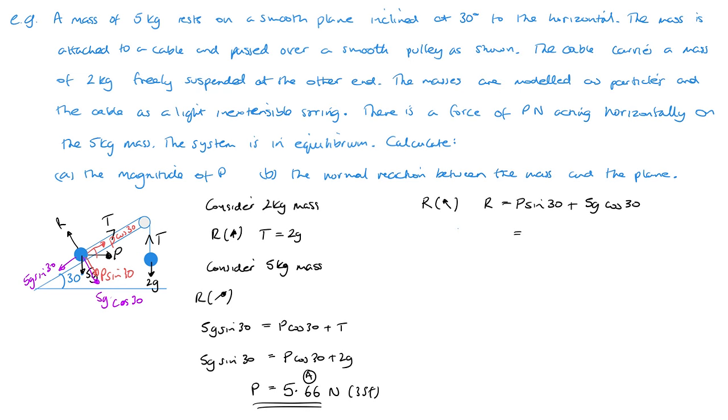Now I know what P is because I've just worked that out. So keeping that in my calculator, times by sine 30 plus, and now we've got 5 times 9.8 times cos 30. And that gives me that R is 45.3 newtons. And that again is 3 significant figures.